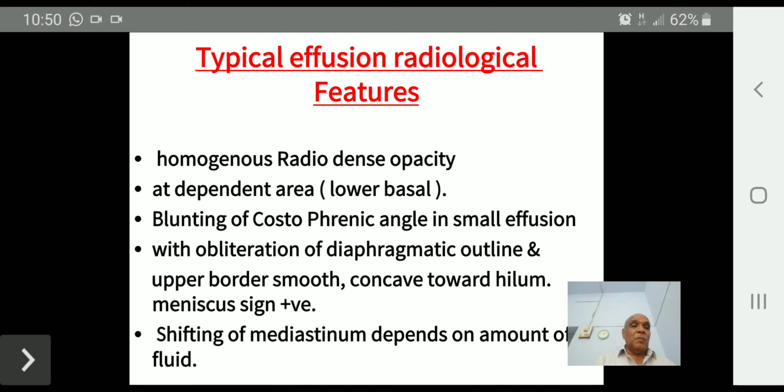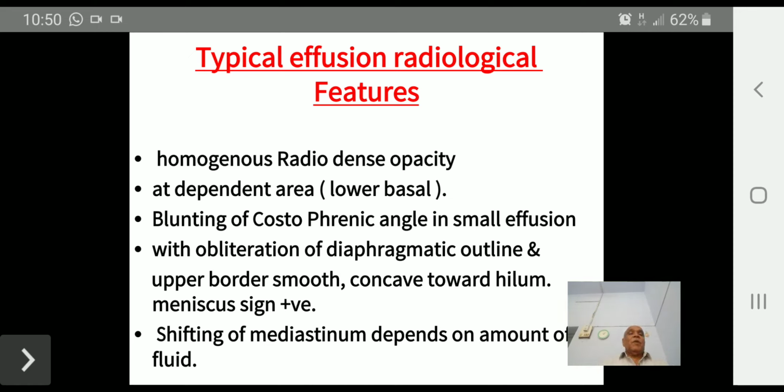The upper border is smooth, concave toward the hilum, means the meniscus sign is positive. When the amount of the fluid is more, then there is shifting of the mediastinum in the opposite direction. The shifting of the mediastinum depends on the amount of the fluid.